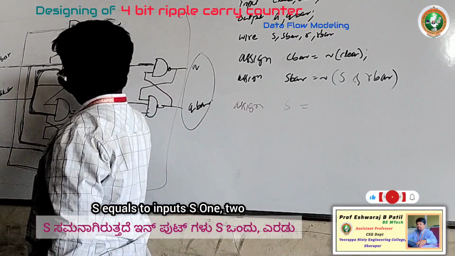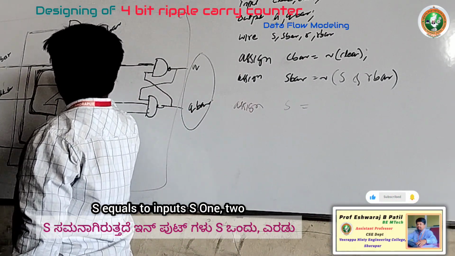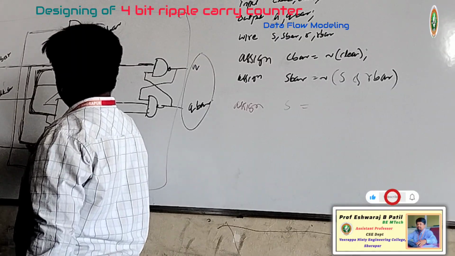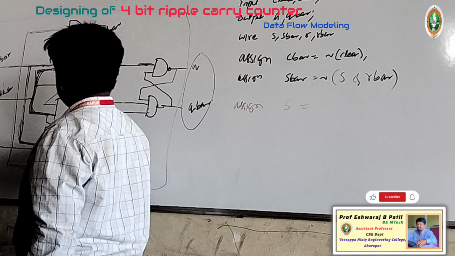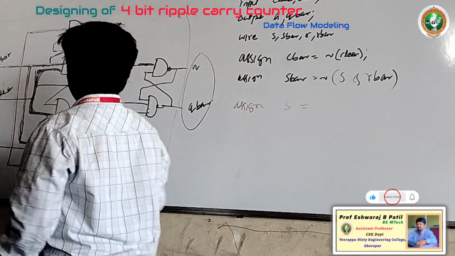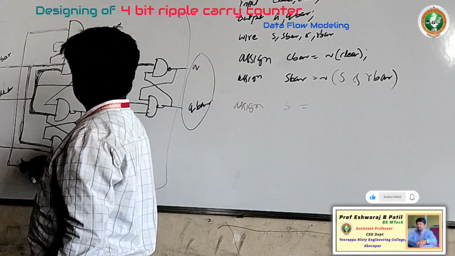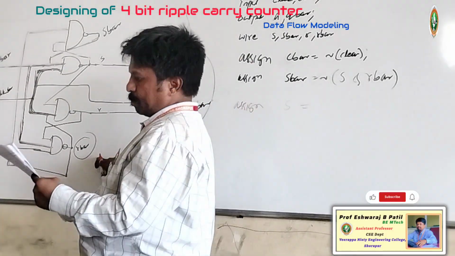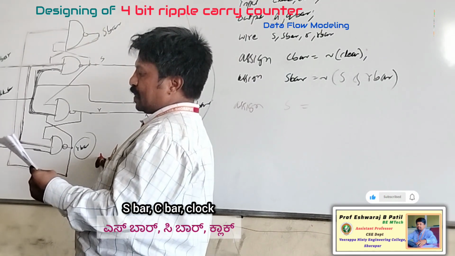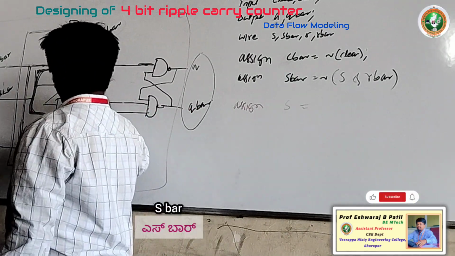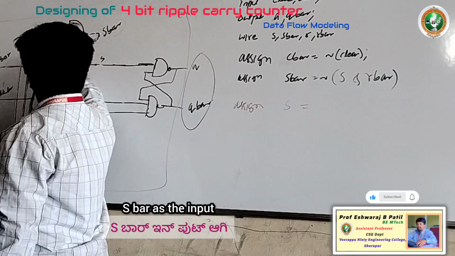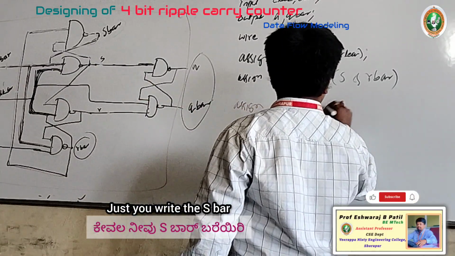How many inputs does S have? Two. Another input is coming from R bar. S bar, C bar, clock. S bar is the input. Just write the S bar.